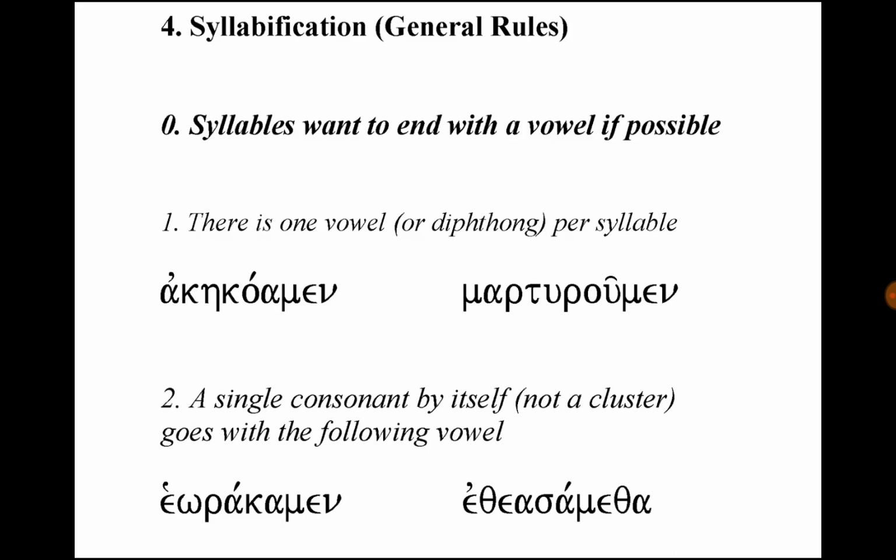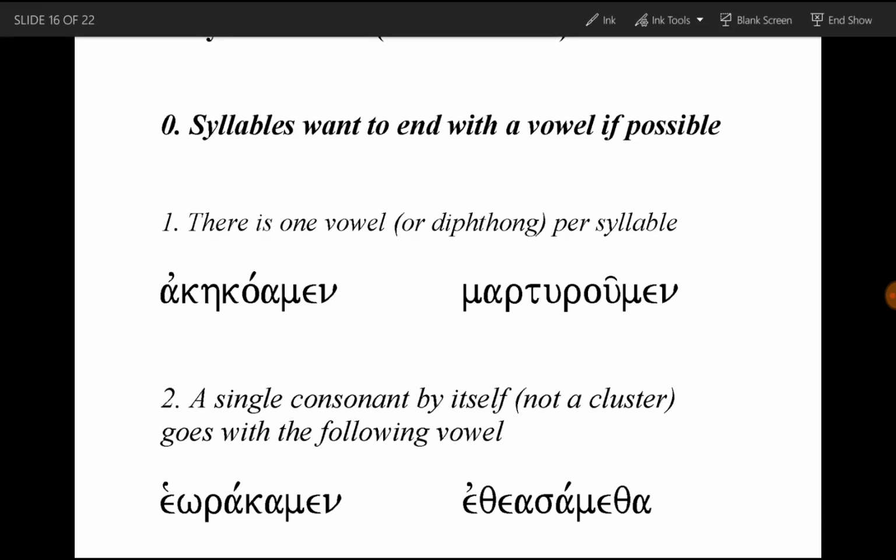It's something that's inferred, but Mounce doesn't explicitly state: syllables want to end with a vowel if possible. Just remember that rule. Unless there's another rule that interferes, most words want to end a syllable with a vowel. That will help you understand the different rules of syllabication.